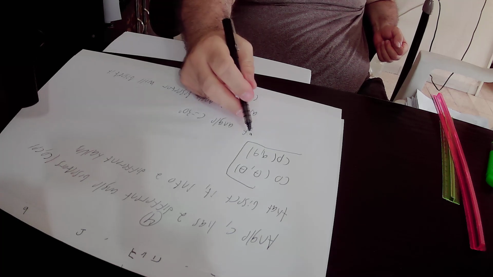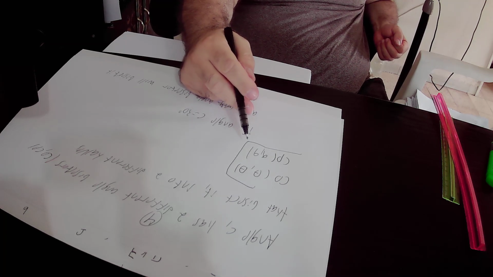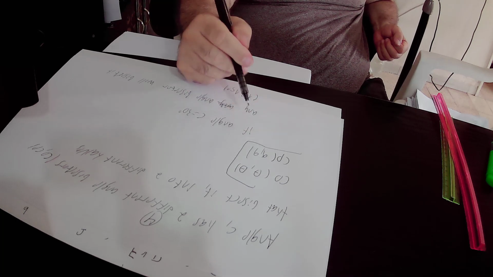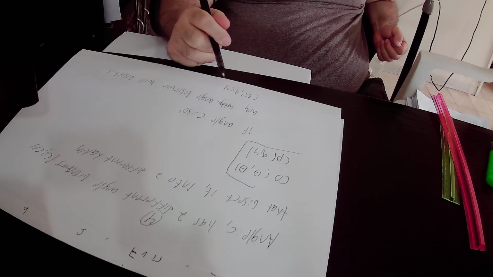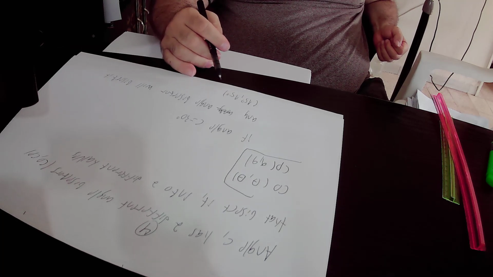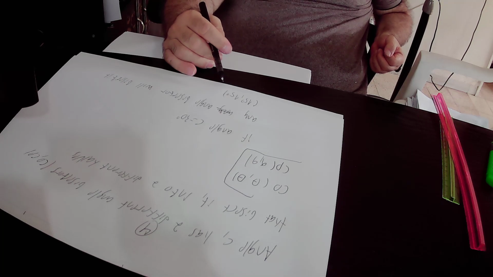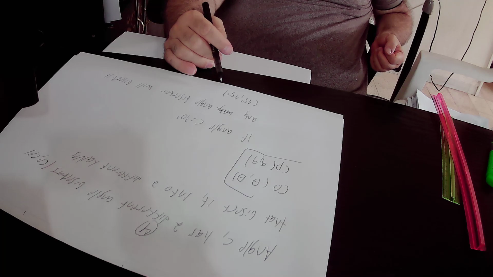But here we found out that angle C has been bisected into two different halves, theta and theta, and alpha and alpha. It is impossible. As you can see here, if angle C equals 30 degrees, then any angle bisector will bisect angle C into two halves that are 15 degrees and 15 degrees, and not any other halves.